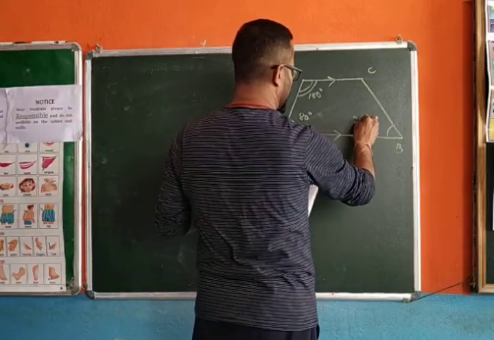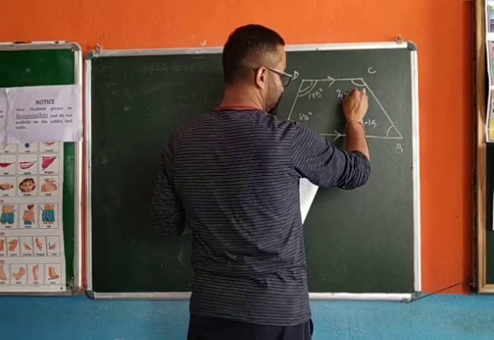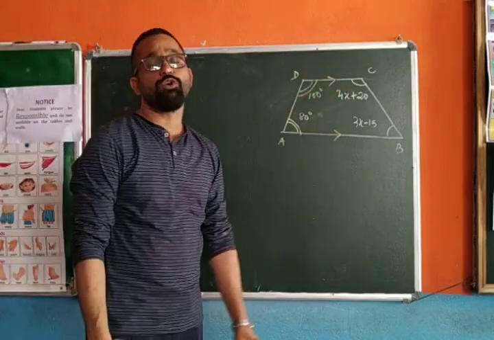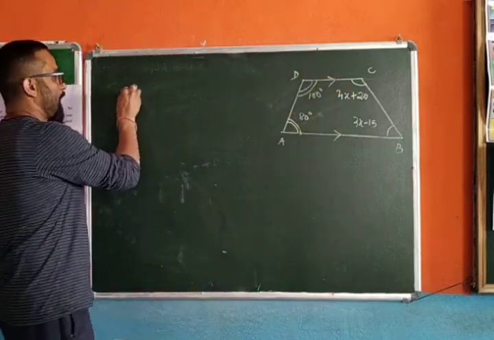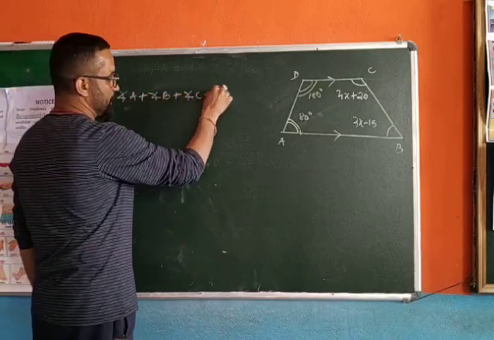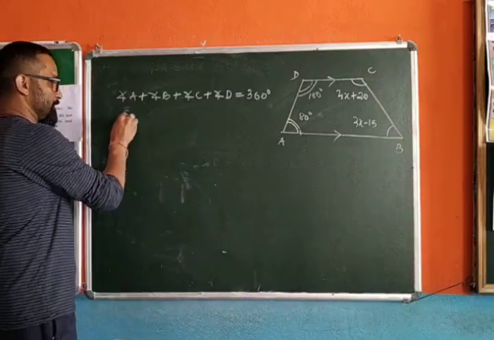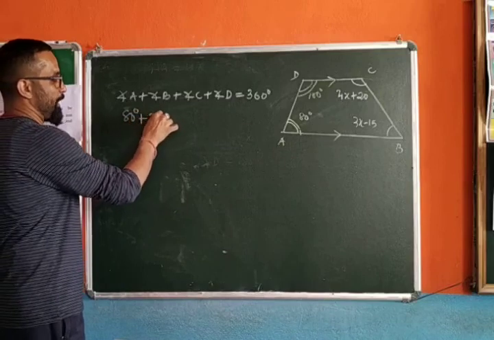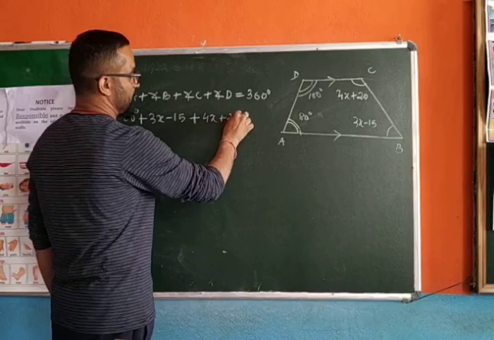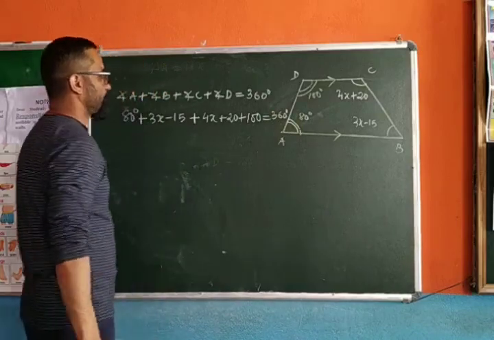B is 3x minus 15, C is 4x plus 20. Use the property of quadrilateral. Angle A plus angle B plus angle C plus angle D equals 360 degree. A is 80, B is 3x minus 15, C is 4x plus 20, D is 100, equals 360 degree.